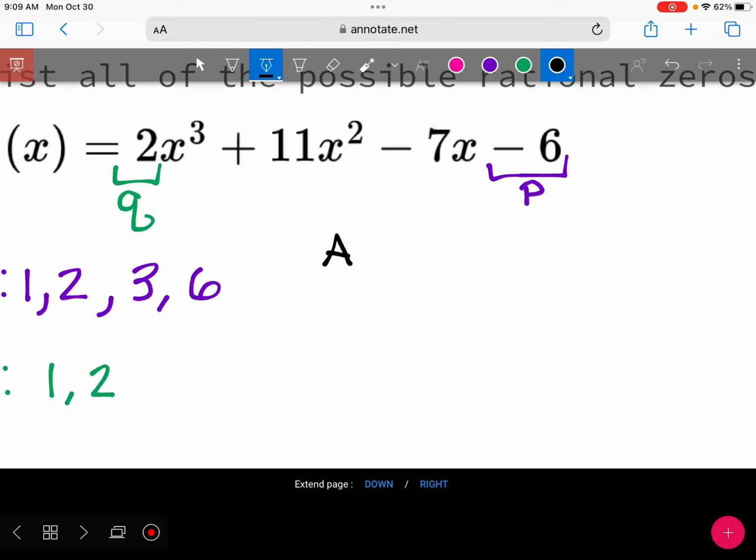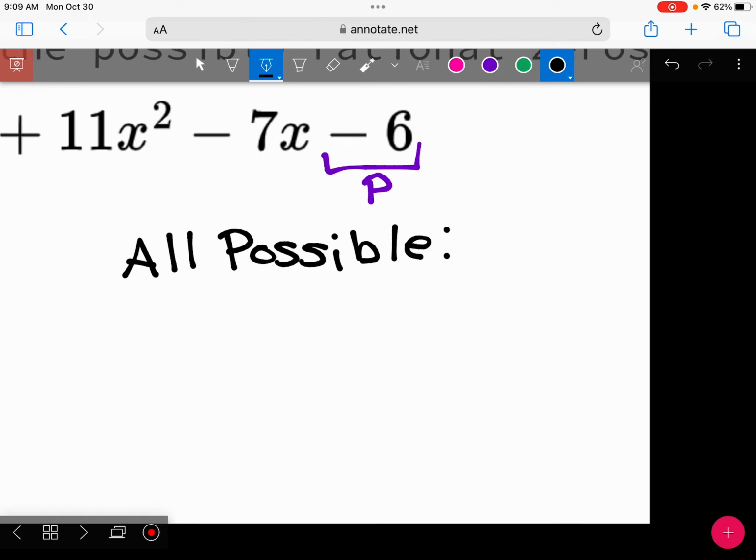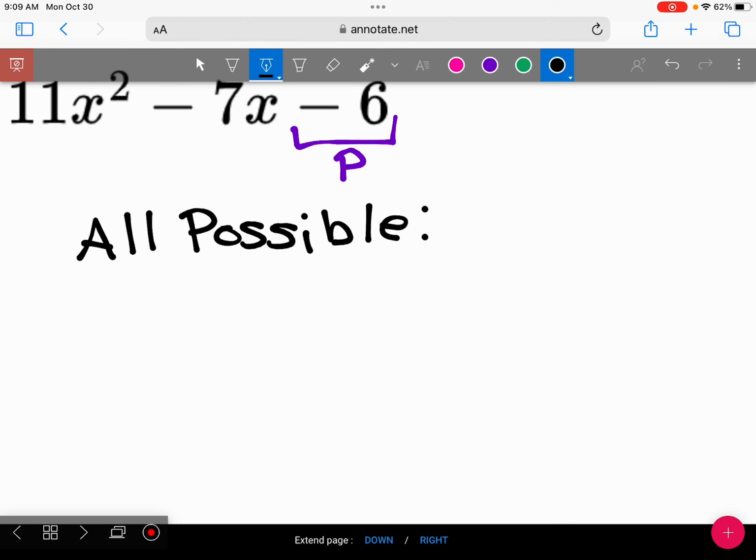So our list of all possibles, and you can organize this in whatever way works for you. I tend to do P over Q and do like 1 over 1, 1 over 2. Then 2 over 1, 2 over 2. But if you want to do all the things over 1 and all the things over 2, I don't care how we organize it. So our all possibles is going to include plus or minus P over Q. So I'm going to have 1 over 1, which is 1.